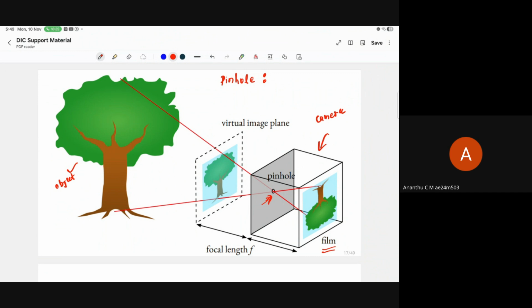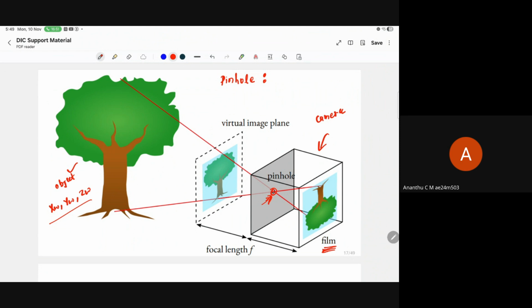Okay, so this is the tree in the xw, yw, zw coordinate system. Light coming from this tree passes through this pinhole here, and then makes an image at the film of the camera. You can see the light will be basically getting converted.